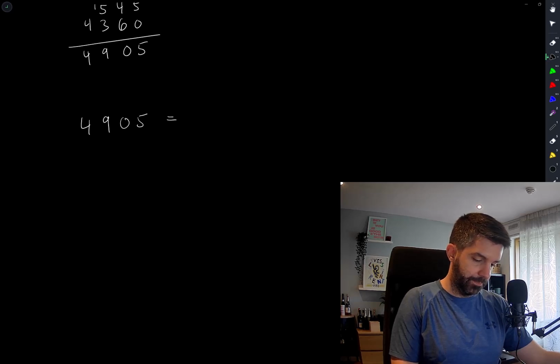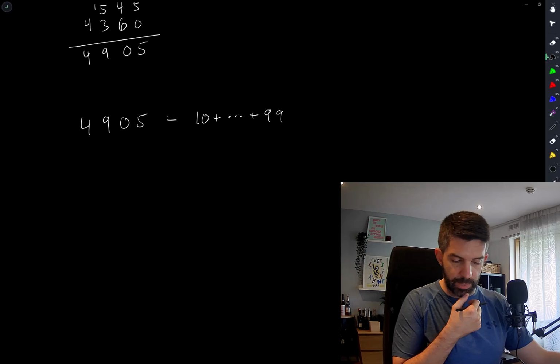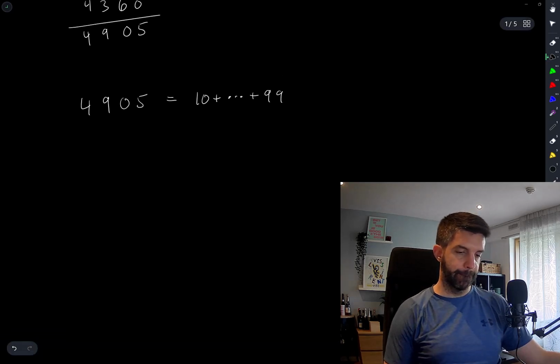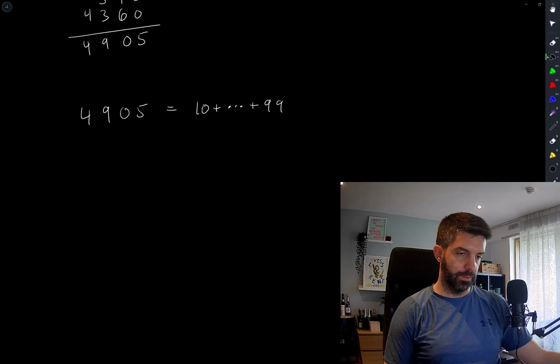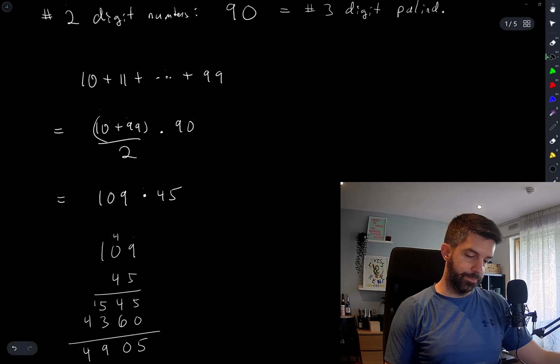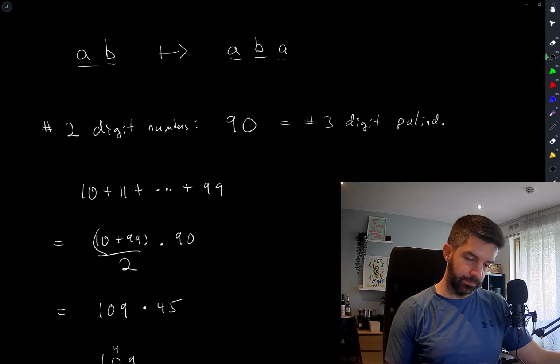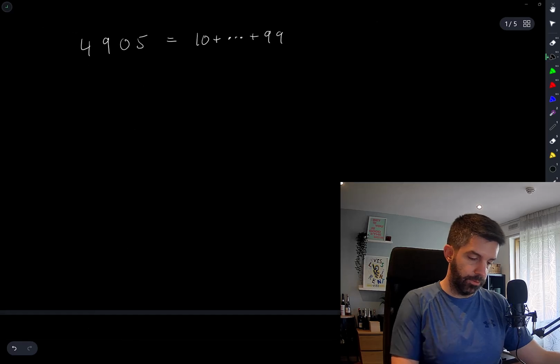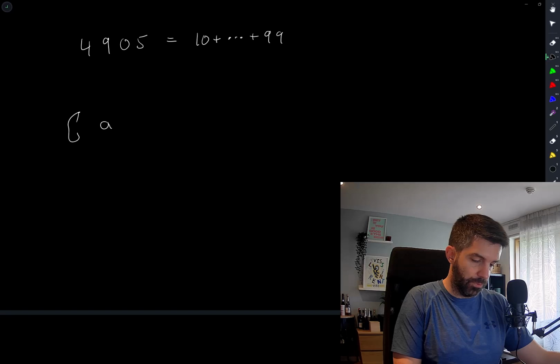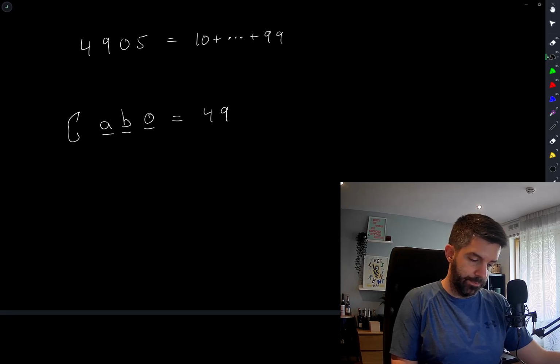That's the sum of all 2-digit numbers. Okay. So this means the sum of all numbers of the form a, b, 0, over the 90 of them that I want, is 49050.